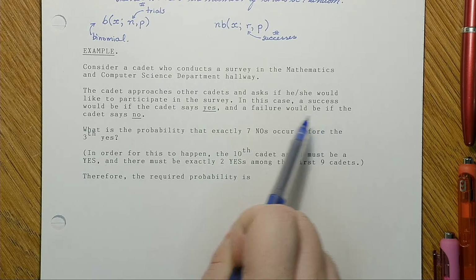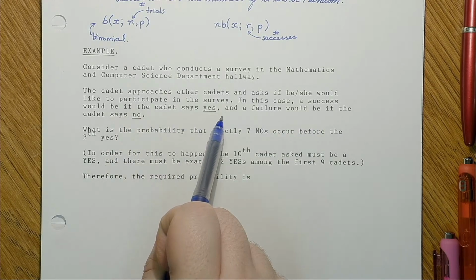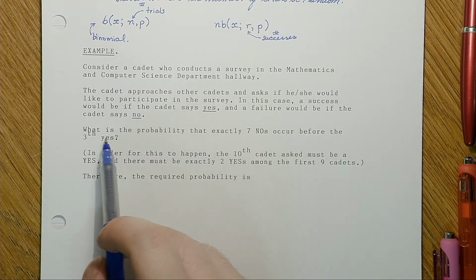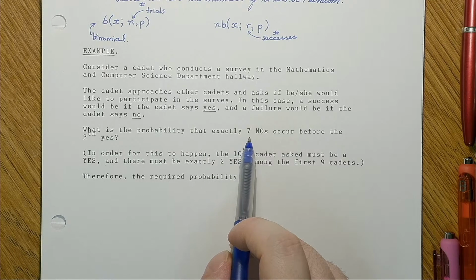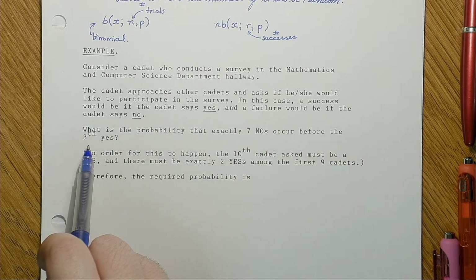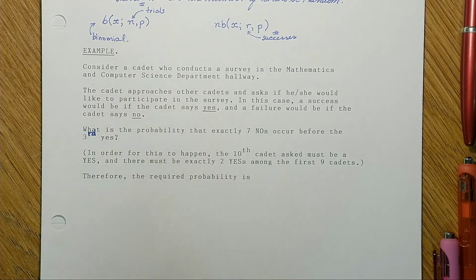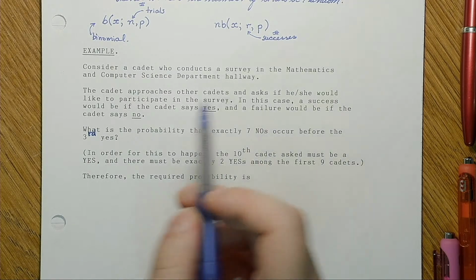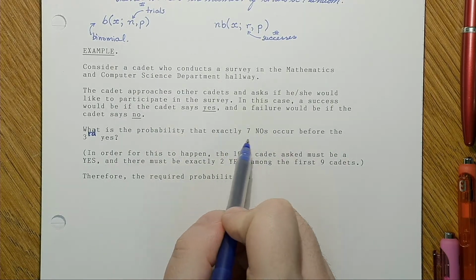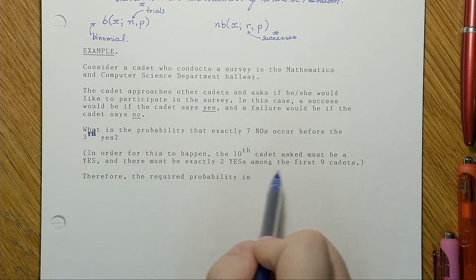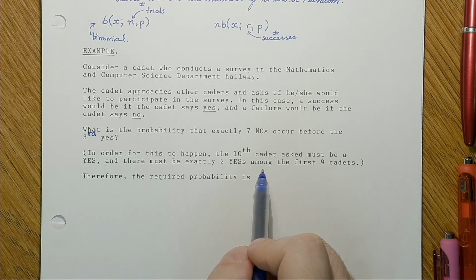In this case, a success would be if the cadet says yes, and a failure would be if the cadet says no. What is the probability that exactly 7 no's occur before the third yes? So in order for this to happen, there's exactly 7 no's and 3 yeses. So that means that we'll be looking at the 10th case, or the 10th cadet, the 10th trial.